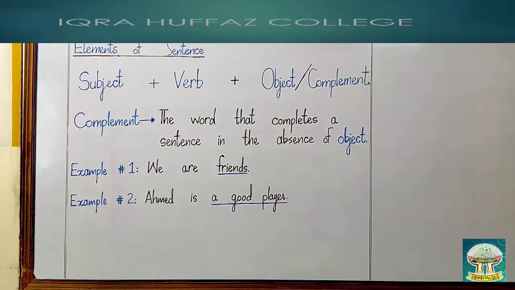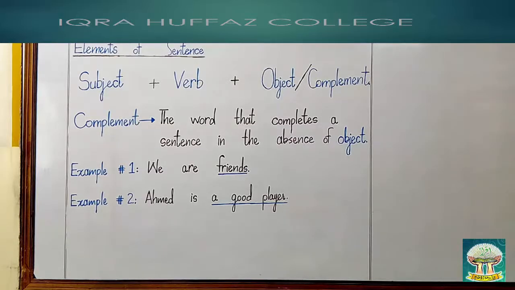Example number 2. Ahmed is a good player. A good player is also a complement. There is no object in this sentence. And the reason why? There are no objects in example number 1 and example number 2, because we recently studied object is the receiver of action. Do you see any action in these two sentences?